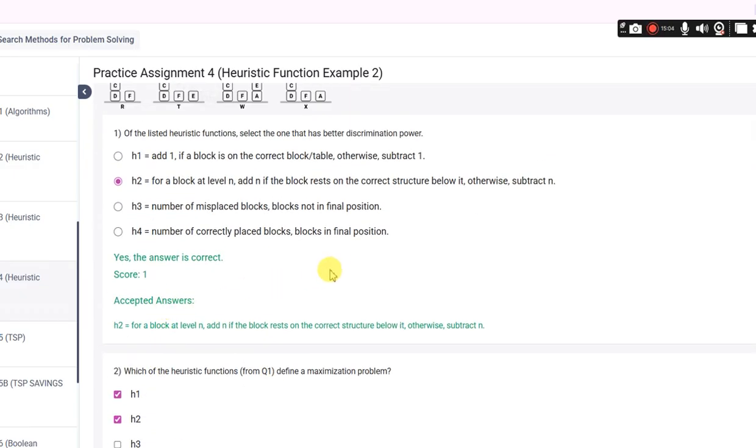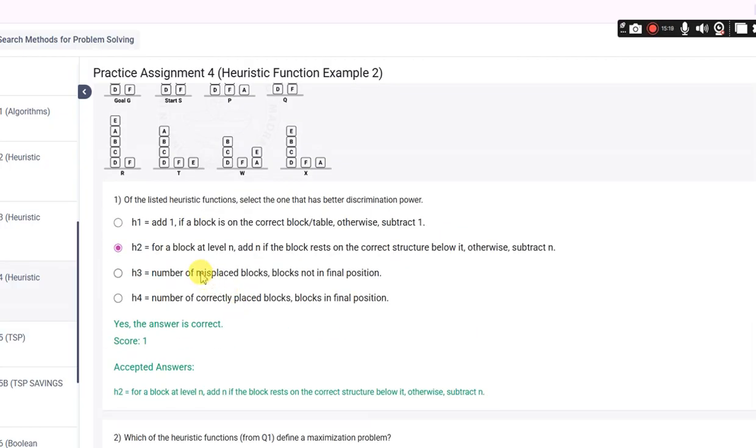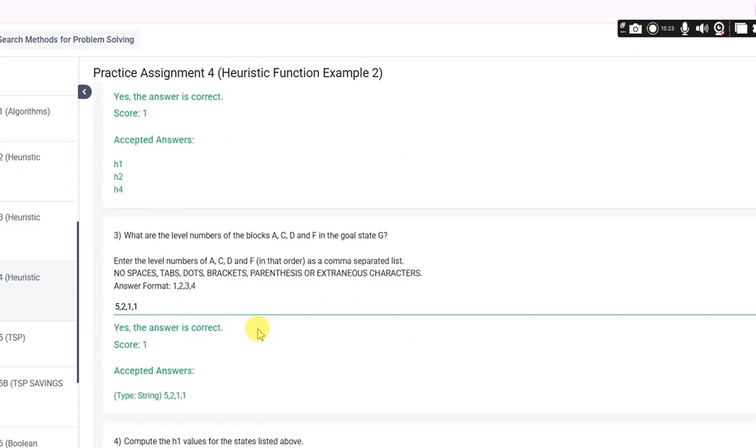And for H2, it is also correct. The larger the value of any intermediate state, the closer it is to the goal state, so it is a maximization problem. H4 is also correct because it is the number of correctly placed blocks. It is also a maximization problem.